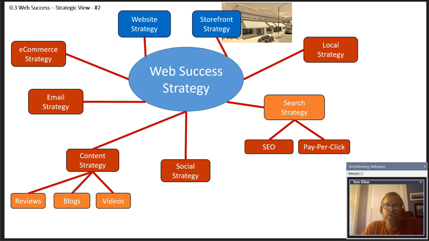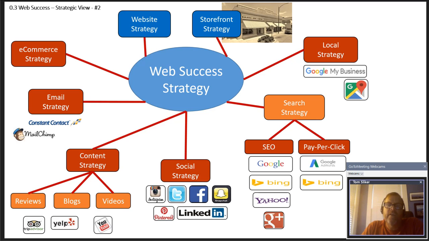So this is a chart we looked at previously as well. Today, we're going to be looking mostly at content strategy there in the bottom left, and then specifically how your content affects your search strategy. So we're going to be talking about how we can create blogs in particular today. We'll be talking about blogs, and to a lesser extent, maybe videos, but how producing content is essential to your search strategy.